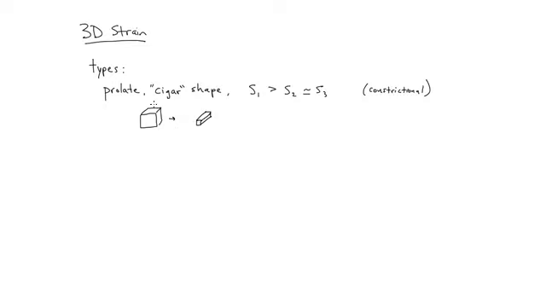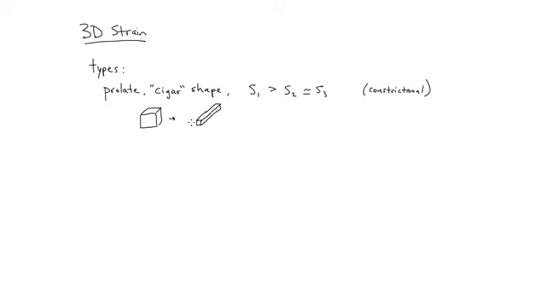So that's one 3-dimensional strain. Make that even longer. So we're conserving the volume here, although constriction doesn't always have to. But I want to emphasize that in 3 dimensions, no side of this is staying the same. So it's 3D strain because S2 is not equal to 1.